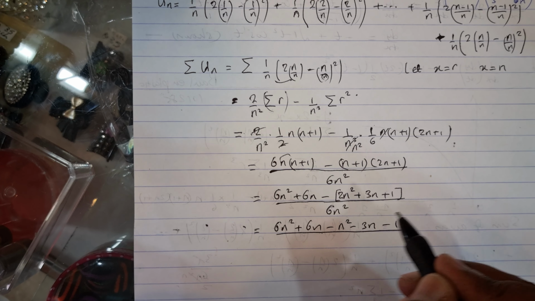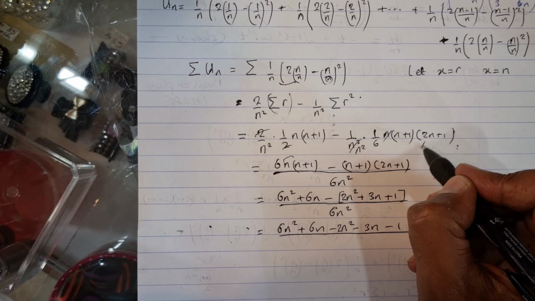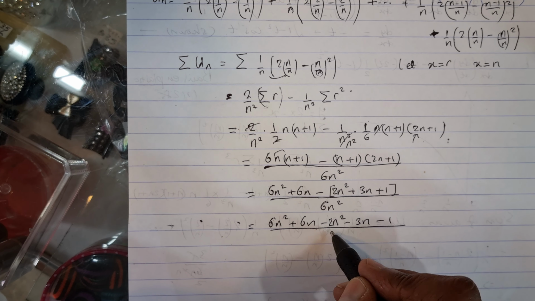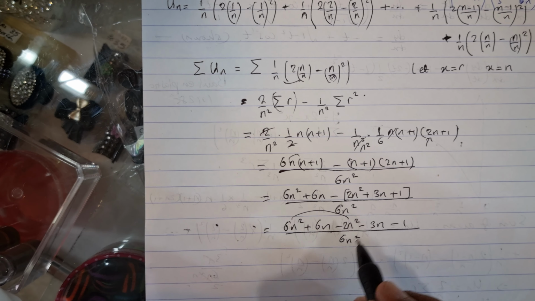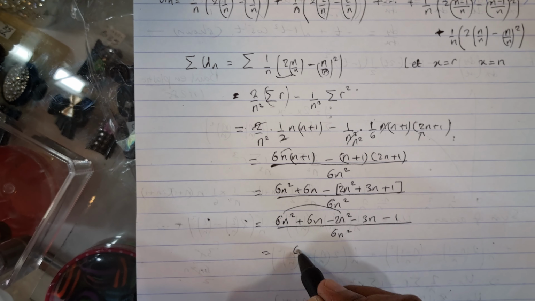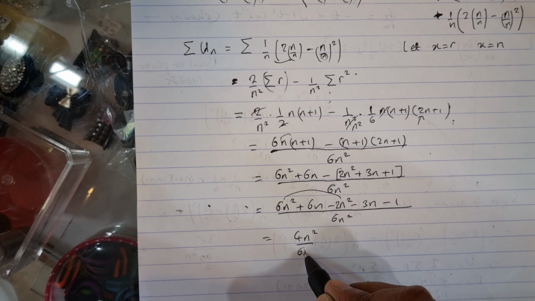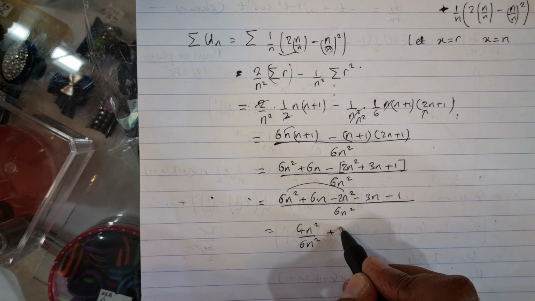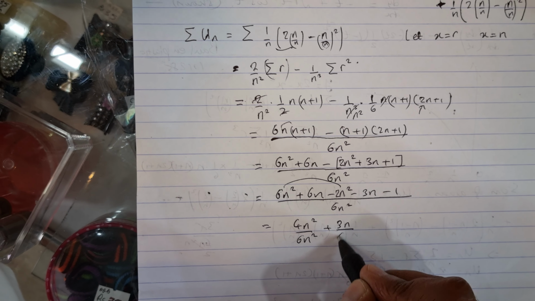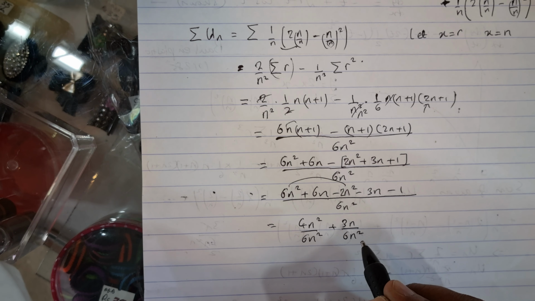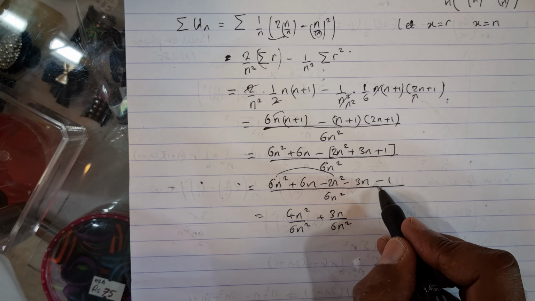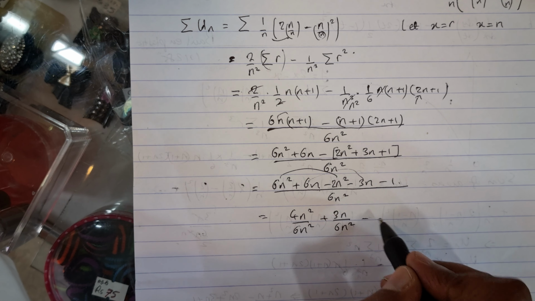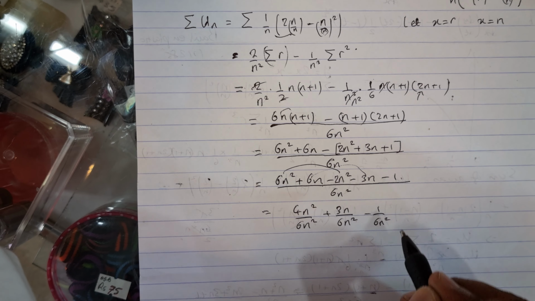This was supposed to be 2n squared, because there's a 2n here. So that's 6n squared plus 6n minus 2n squared minus 3n minus 1. So 6n squared minus 2n squared is 4n squared, divided by 6n squared. 6n minus 3n is 3n, divided by 6n squared. And I've also got minus 1 over 6n squared.